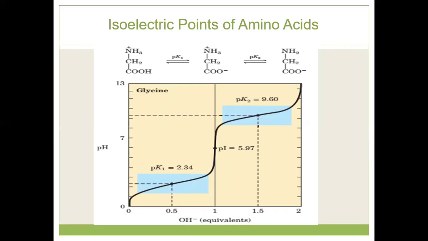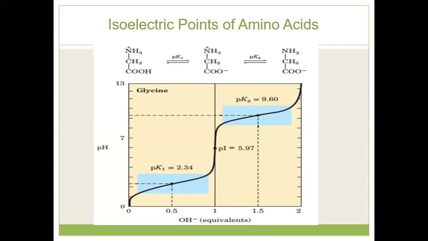Okay. The tendency to either accept a proton or to donate a proton differs between the two groups, the carboxyl group and the amino group.